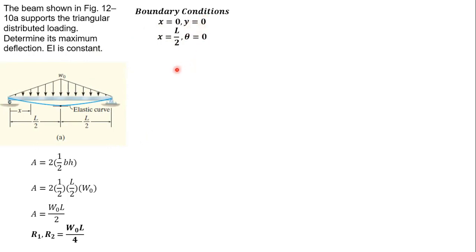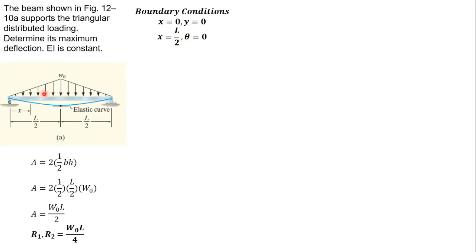So next na boundary condition natin is at x equals L over 2. Ito yon, yung theta natin or yung slope natin is 0, kasi horizontal line lang siya. Normally, kapag pwede nating hatiin sa dalawang section yung figure natin, dapat 4 na boundary conditions ang gamitin.